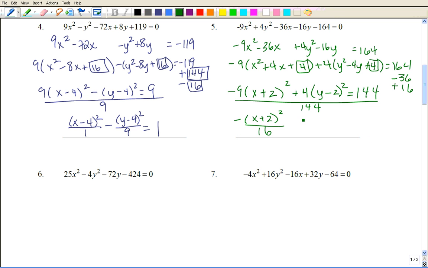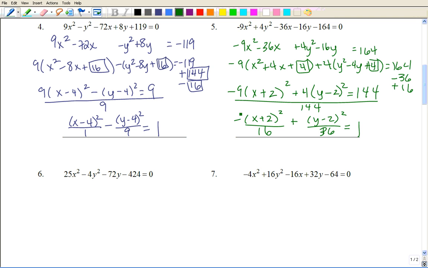This is actually not our final answer here, but then we'll have plus (y minus 2) squared over 16 equals 1. Sorry, that's not a 4. 4 over 144 is 36.